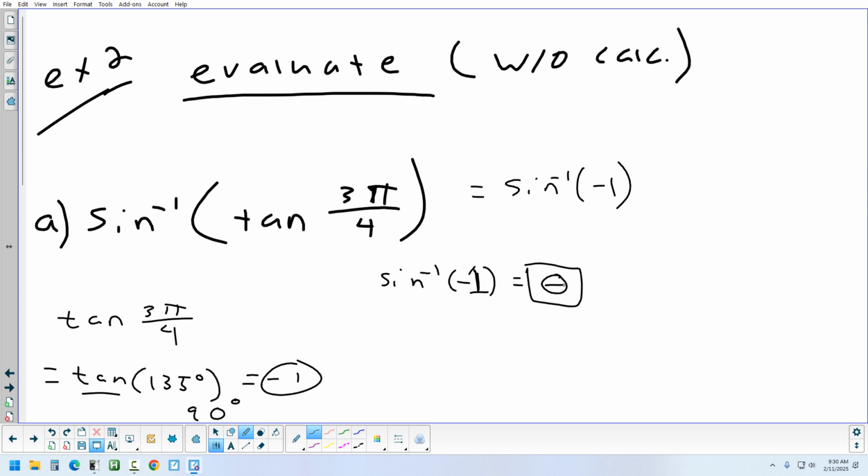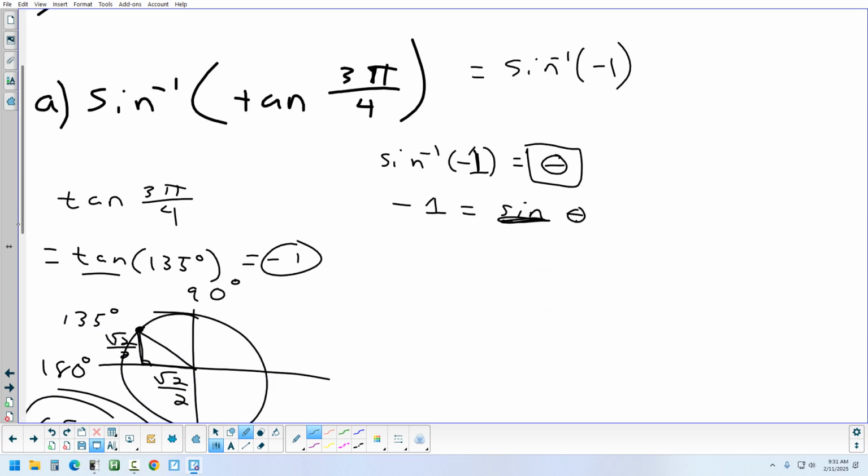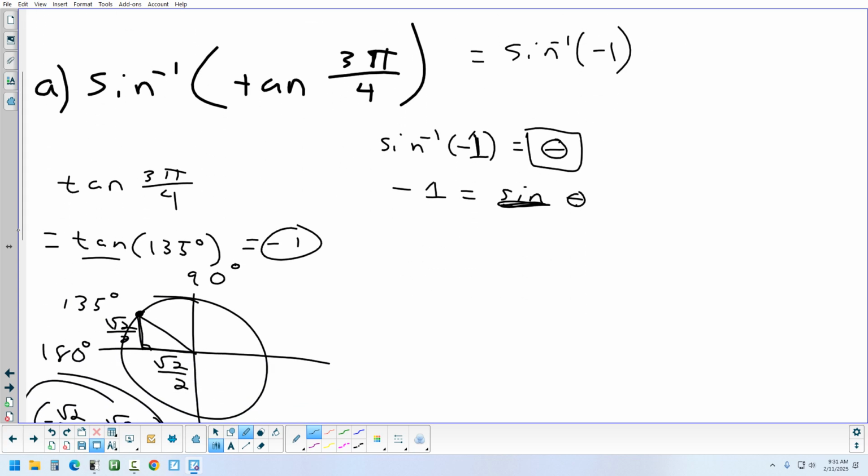If you take the sine of each side, you would have this. The sine of theta has to equal -1. So the question is, what angle can you take the sine of, and the answer comes out to -1? Well, easiest way to think of that is probably a picture of sine.